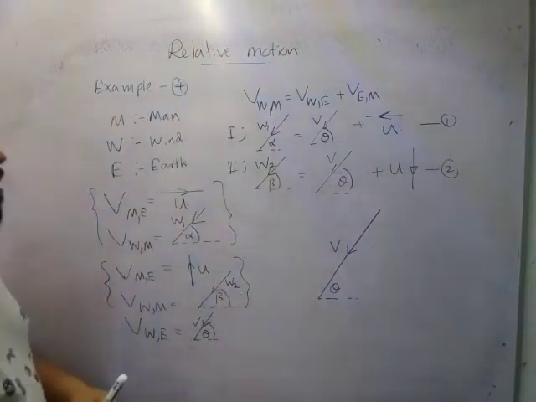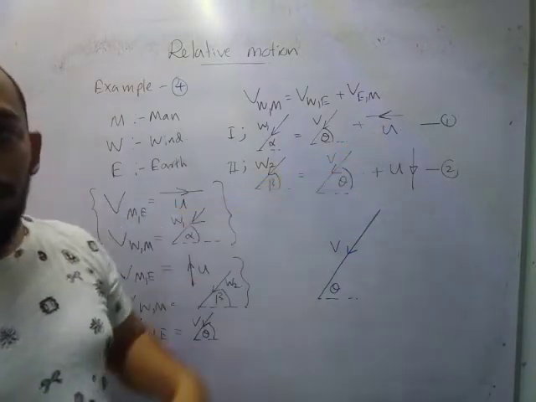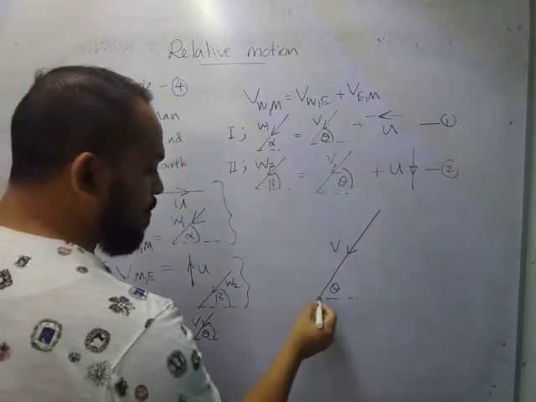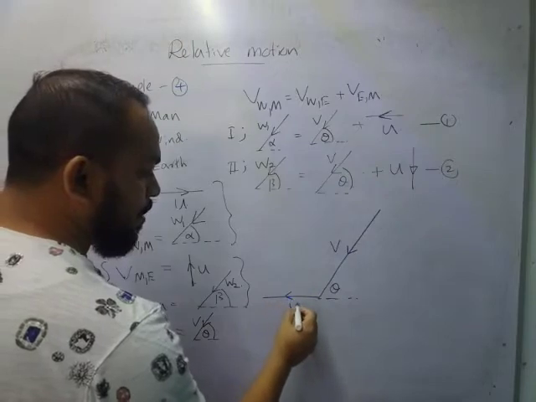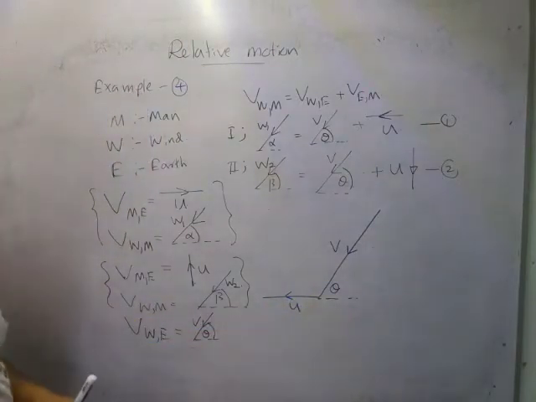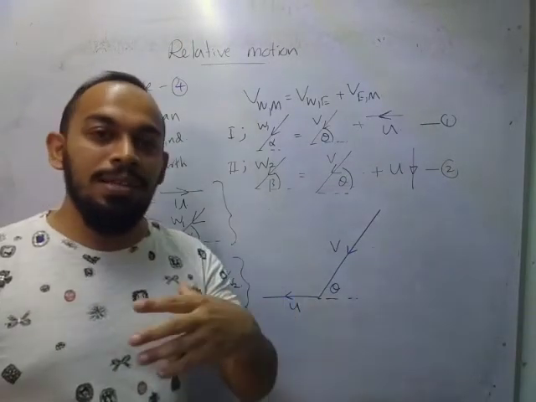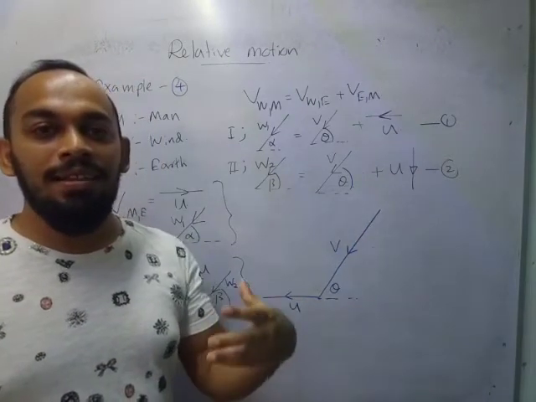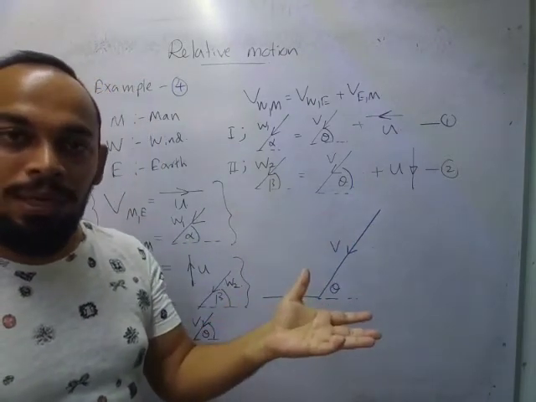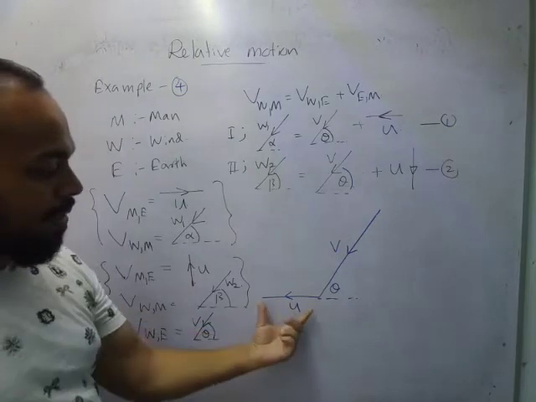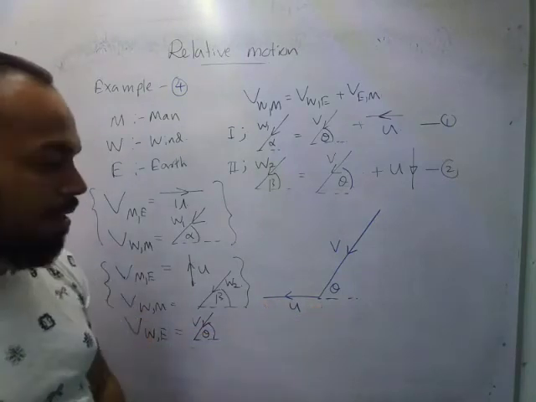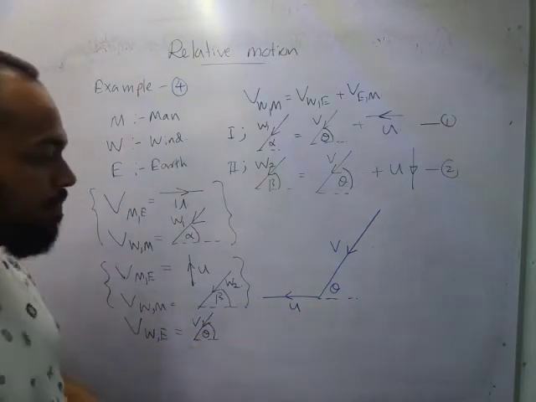To this we need to add the first scenario, in this direction u, some length. Obviously the speed of wind is greater than the speed of your walking. So that's why I mentioned this to be very smooth.